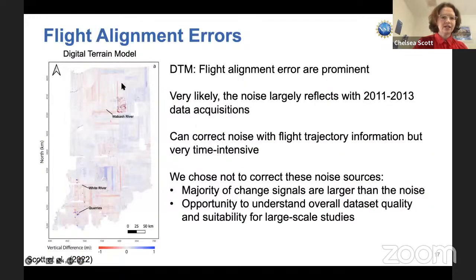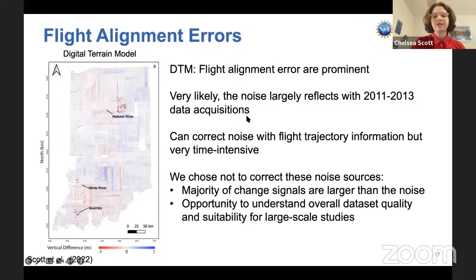So as I said earlier, one of the prominent sources of noise are these flight alignment errors. They're particularly shown here in the digital terrain model. And they create these north-south and east-west oriented stripes in the differencing results.